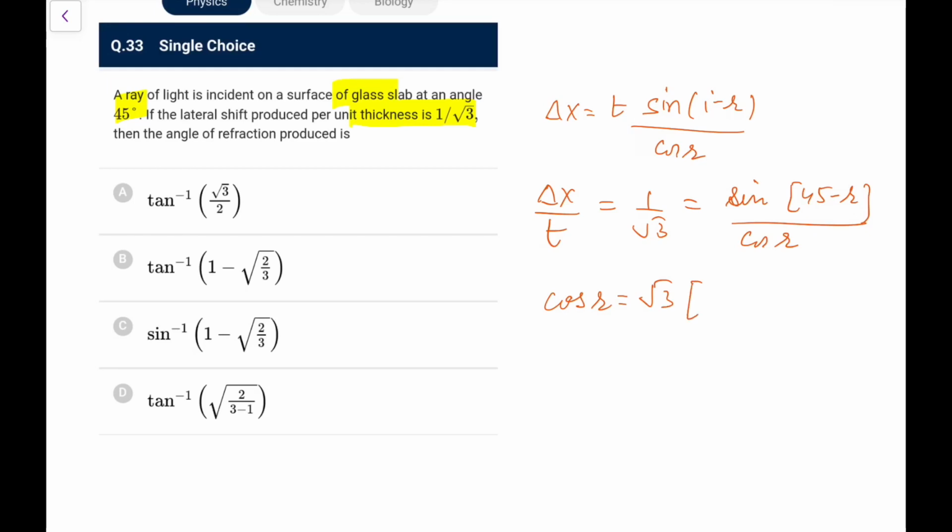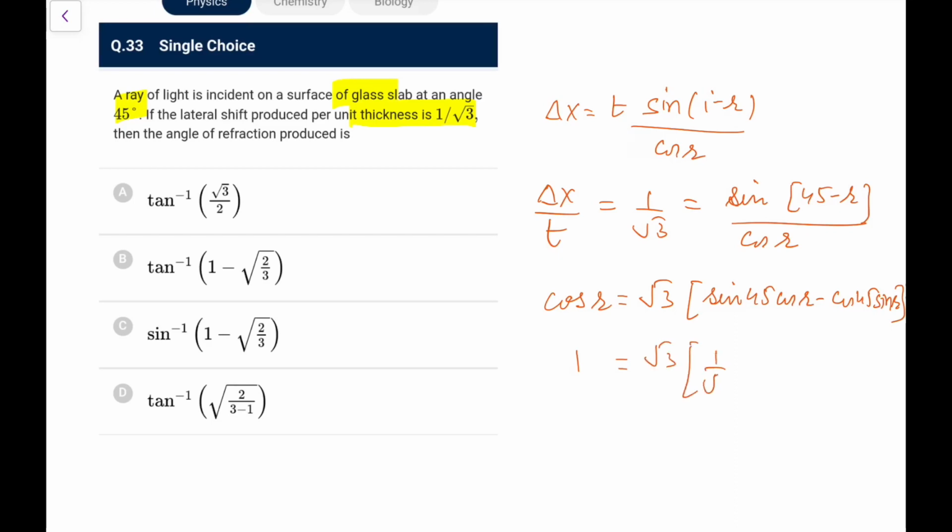Now what is sine of a minus b? It would be sine 45 cos r minus cos 45 sine r. Sine a cos b minus cos a sine b, it is like that. So what we get now, sine 45 is 1 by root 2. So I take it 1, I divide it by cos r, what I get, root 3.